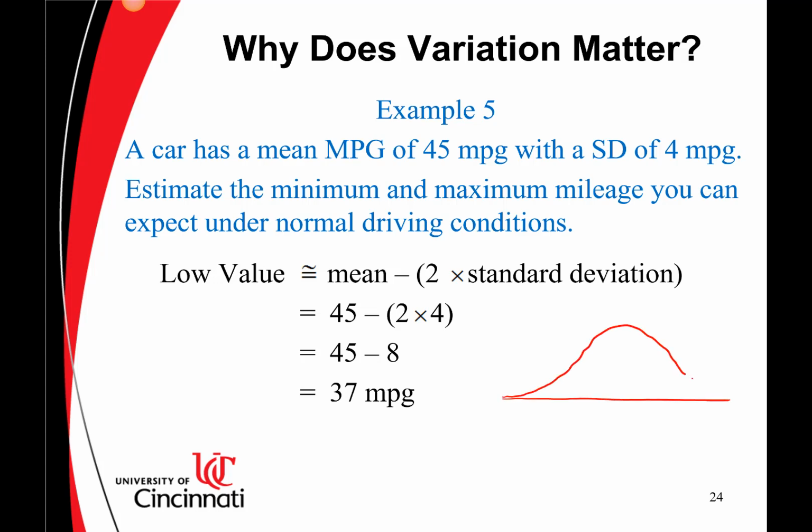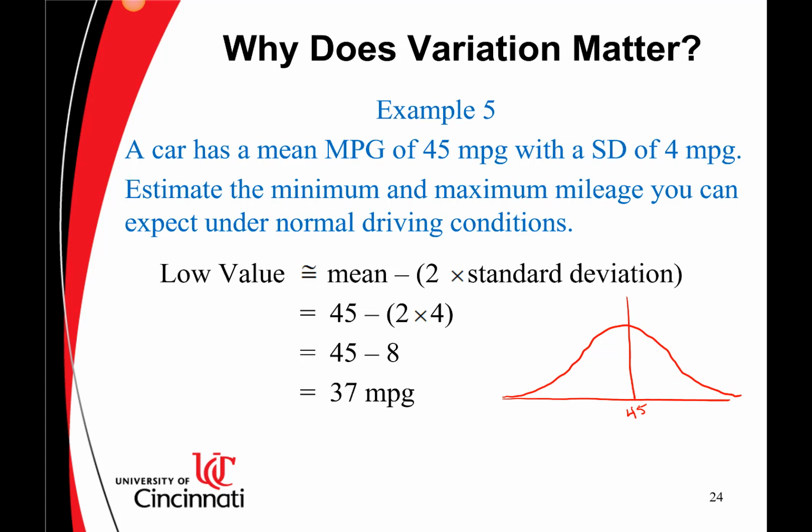Well, if you think about what's going on here, you have your normal curve. Now, it says 45 is the mean. Where would the 45 be on that curve? Toward one end or the other, or where's it going to be? On this curve, it's going to be right here. So right here would be the 45.